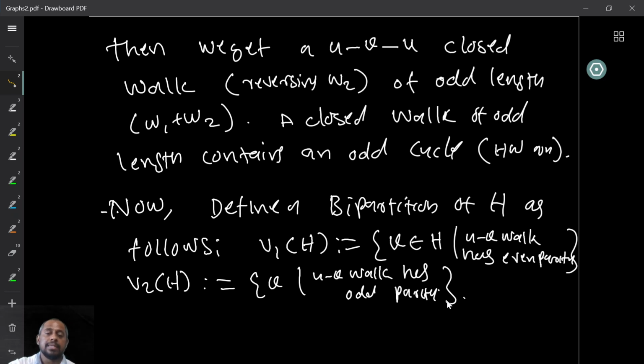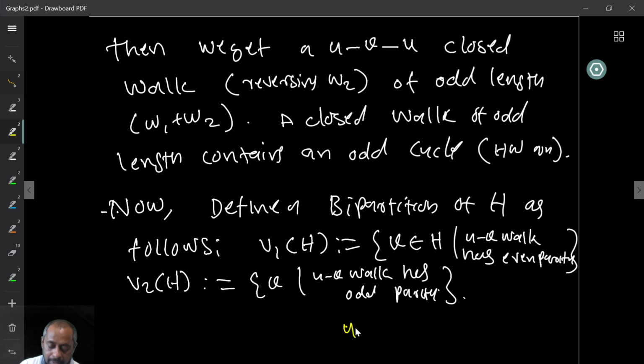Now, since we have this partition into V1 and V2, we just have to verify that V1 and V2 are independent sets. Suppose V1 and V2 are not independent. Is it possible? Let us take the case.